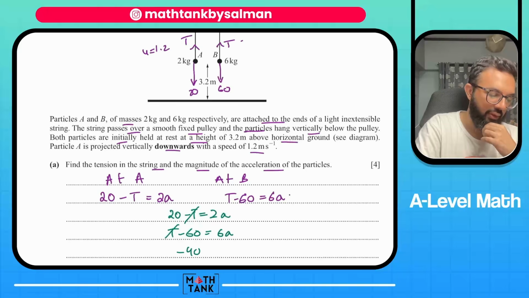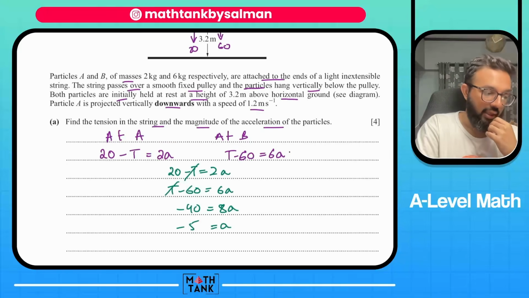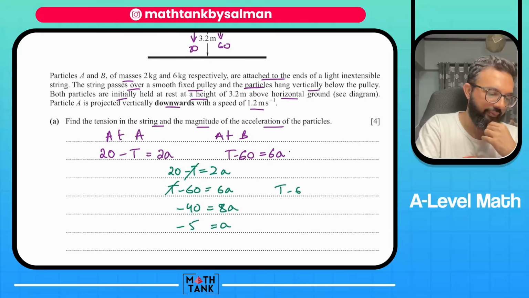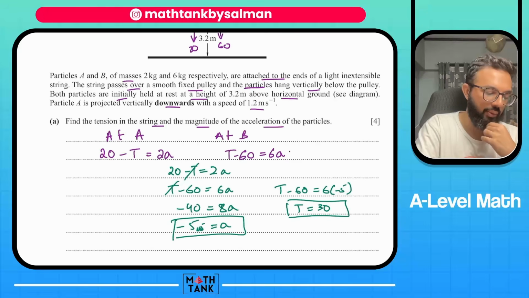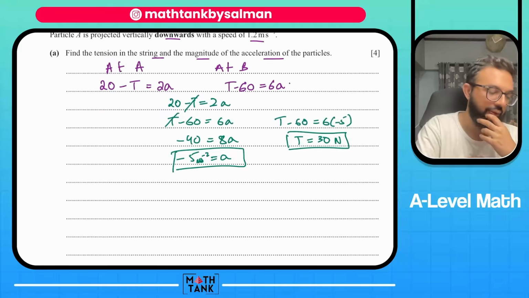So minus 40 equals 8a, a is minus 5, so it is slowing down. Then what's the tension? T comes out as 30. So a is minus 5 meters per second squared and T is 30 newtons. Yes, those are the correct answers.